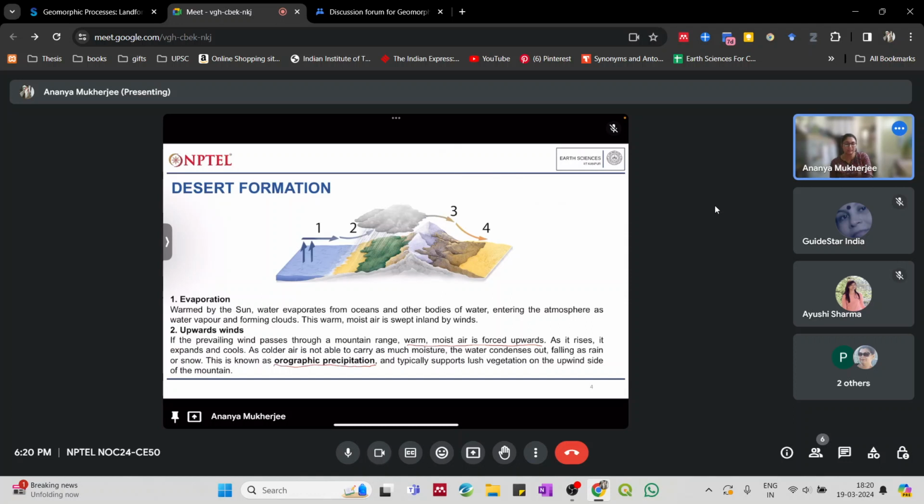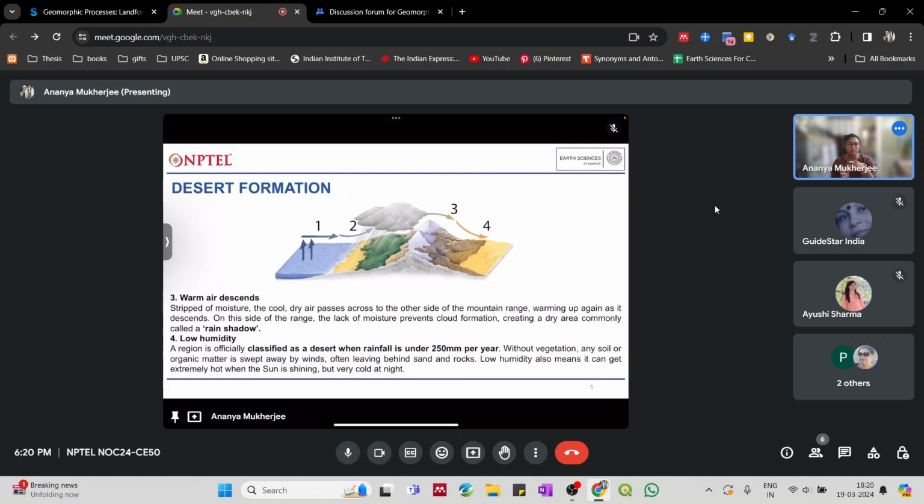As you can see, this is the upwind direction, since the wind is blowing from your left side to the right side, and this is your downwind direction. All the precipitation is happening on the upwind side, and this is where you have most of the vegetation present. Most of the moisture has already precipitated out in the upwind direction.